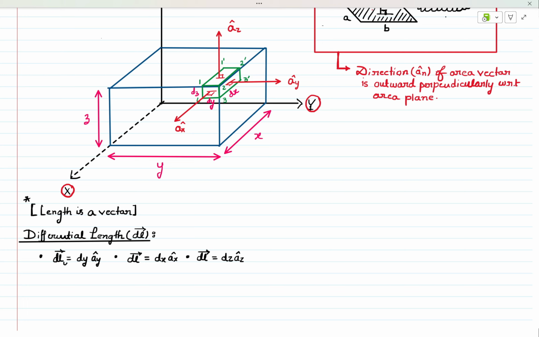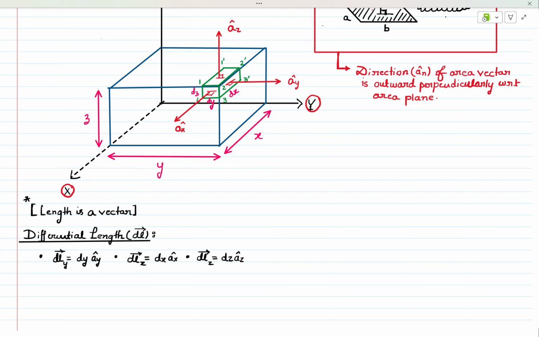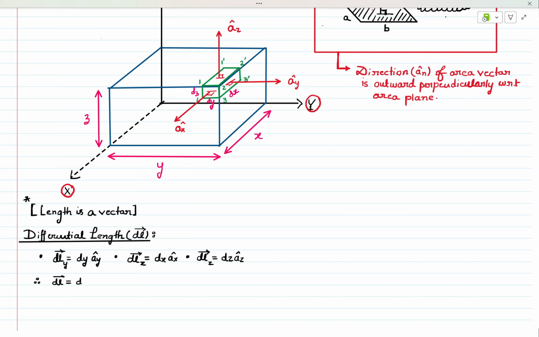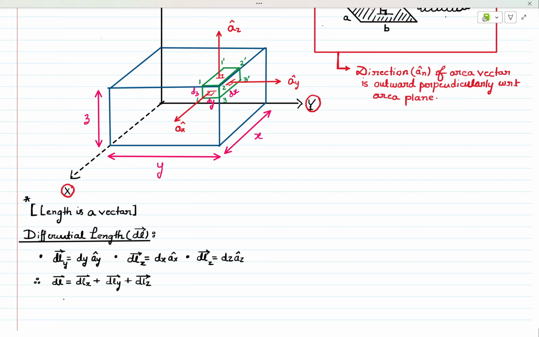I can denote them as dl_y, dl_x, and dl_z. Now if I talk about the total differential length, dl will be nothing but the summation of all these three lengths, that is dl_x plus dl_y plus dl_z.